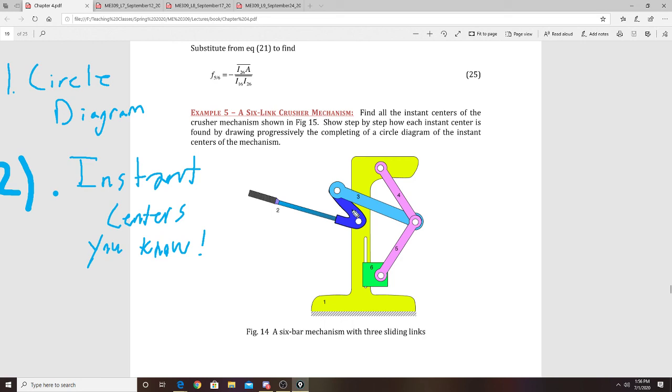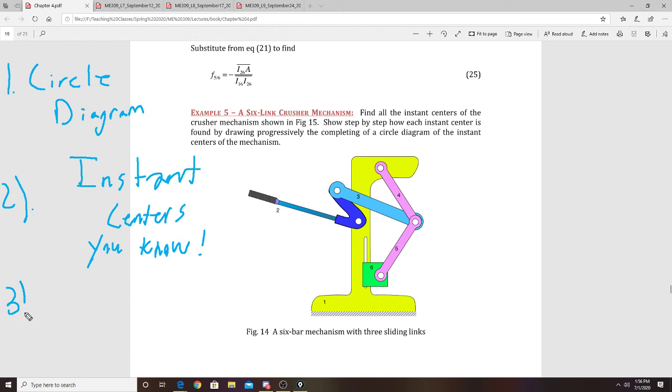So for example, revolutes like this, and sliders like this one. And as I showed earlier, and as Jackson pointed out, it's quite easy to miss ones if you don't do it in a very organized fashion. It's very easy to miss them.